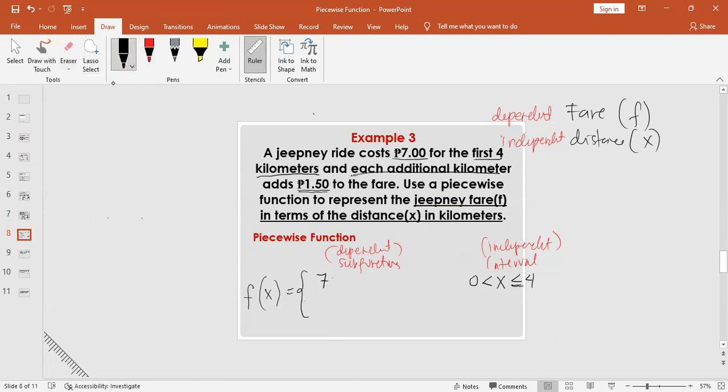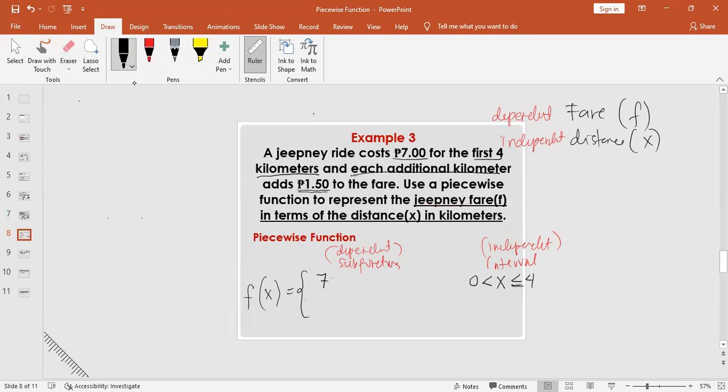Paano kung maglagay ka dyan ng 7x? Sabihin natin ang first subfunction mo ay 7x and you travel 2 kilometers. Then you have to multiply 7 by 2 kasi may variable kang nilagay eh. So magiging 14. Magkakaroon ng conflict. Hindi tutugma sa first subfunction natin. Okay, so we don't need to put a variable beside 7.